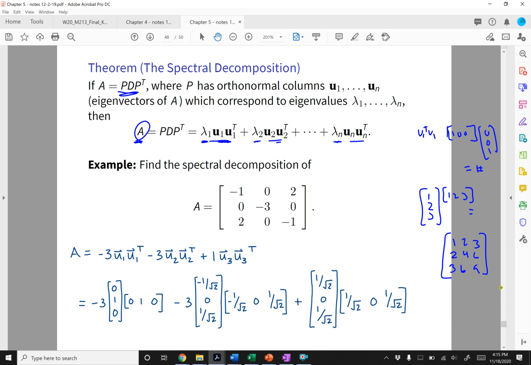So this is just applying the theorem to the first example that we did when we broke it down, where we had eigenvalues of -3, -3, and 1, and -3 corresponded to this eigenvector. It also corresponded to this eigenvector, normalized, and an eigenvalue of 1 corresponded to this eigenvector, and so they just wrote it out.